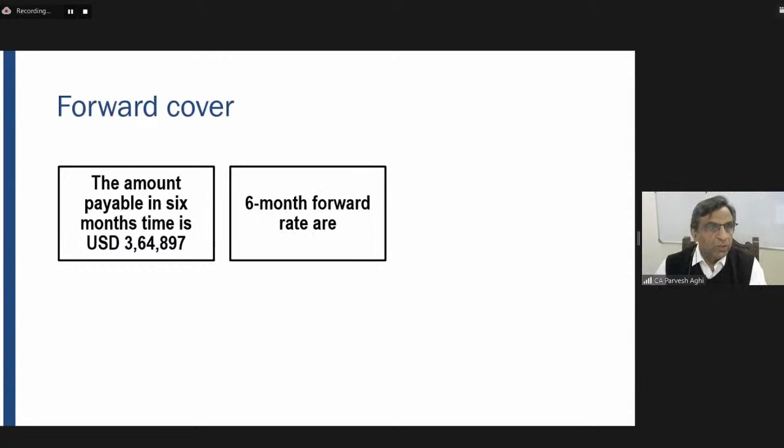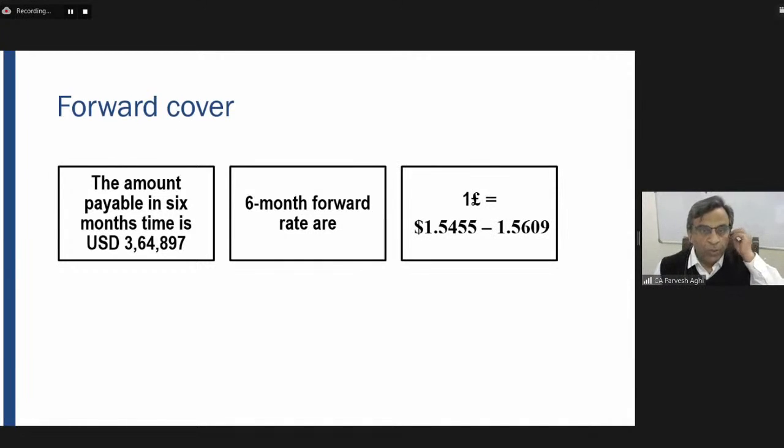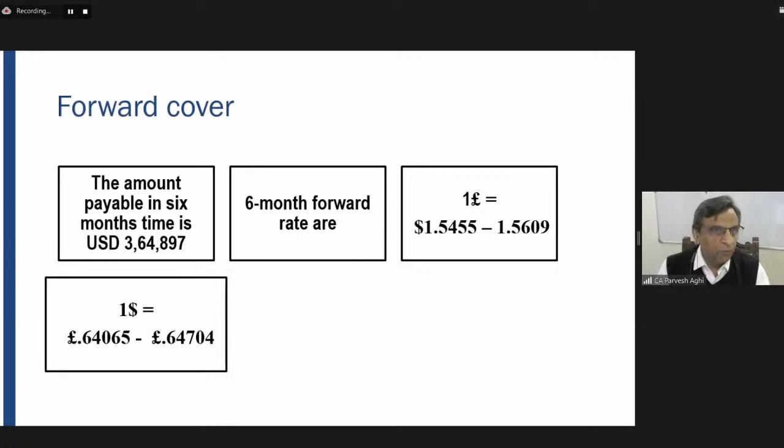Okay, the 6 month forward rate we know, which is given in the question, which is £1 equal to $1.5455-1.5609. So this is the quote which has been given. Okay, so you have dollars, you have the quote in pounds. Can you do it? Not so easily. So what you do is you convert the quote into dollars. Then the simple multiplication games come into play.